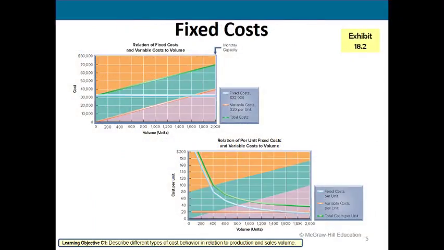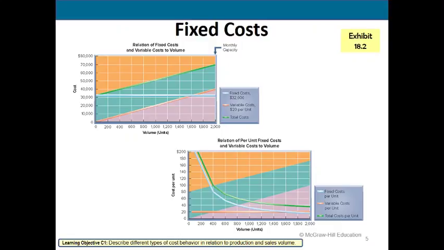All right, so again, fixed costs remain the same regardless of the volume. Now that is true within what we call a relevant range. In other words, let's say you have a manufacturing facility that allows you to produce a maximum of 10,000 units.